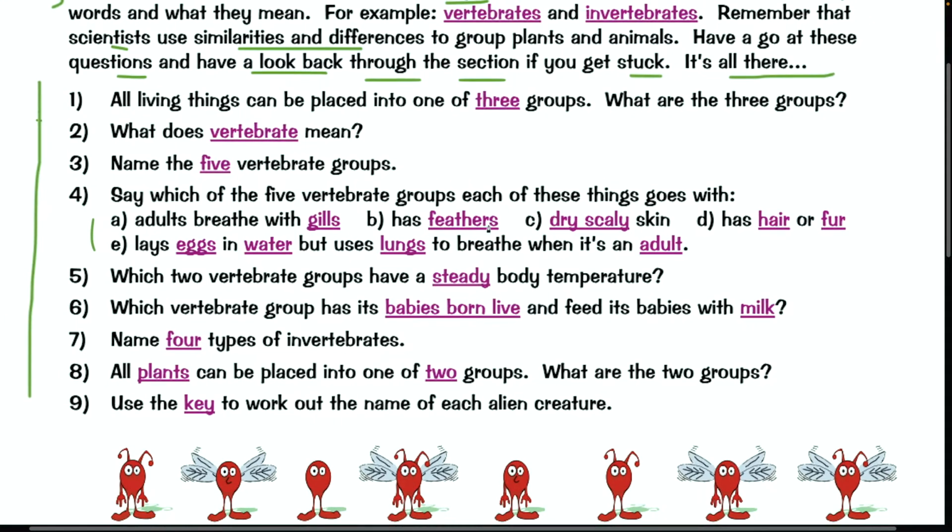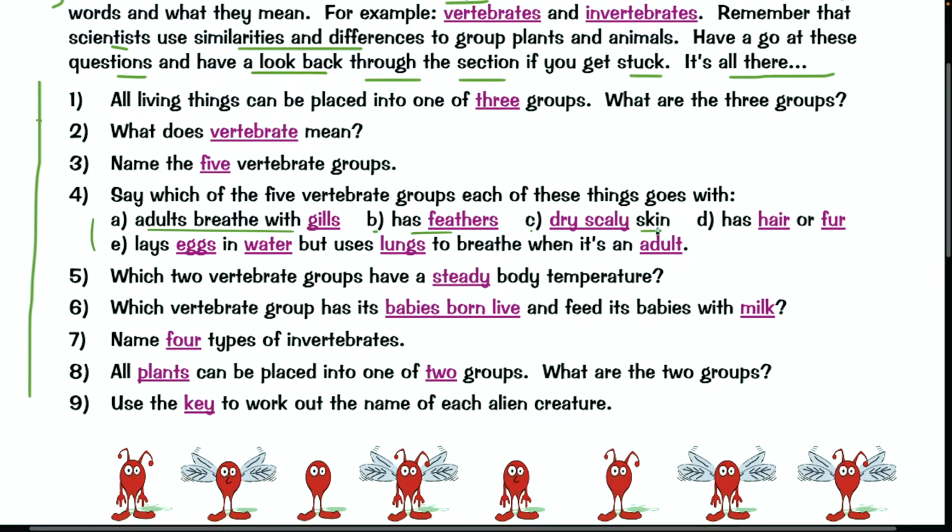A, adults breathe with gills. B, has feathers. So this is the second characteristic. C, dry, scaly skin.